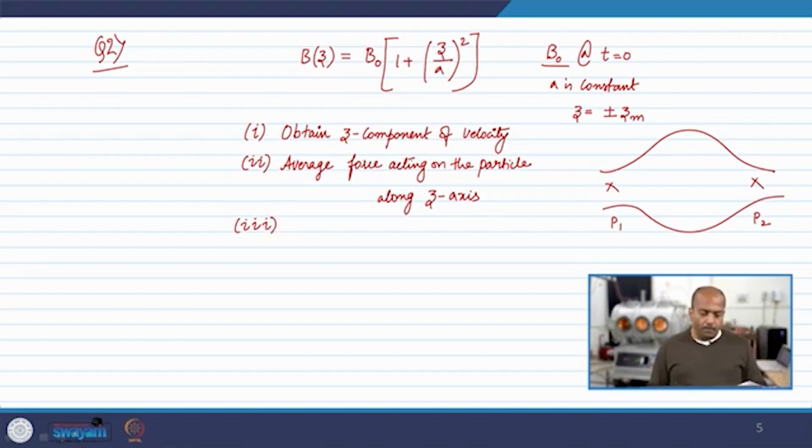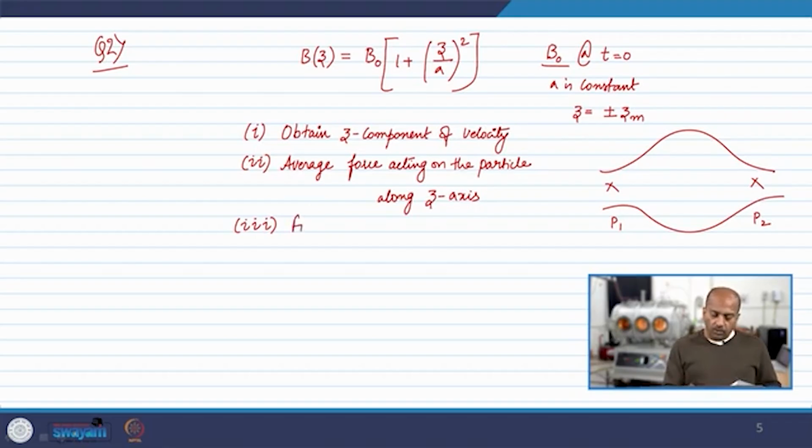Then if the particle is of course trapped, it is going back and forth. It goes to the mirroring point, its perpendicular component velocity becomes maximum, it bounces, it goes into the weak field. Because now the particle's velocity is in the negative z direction, it goes again in the negative z direction. It similarly faces a mirroring point, it bounces back. So, this is a periodic motion, or let us say a simple harmonic motion.